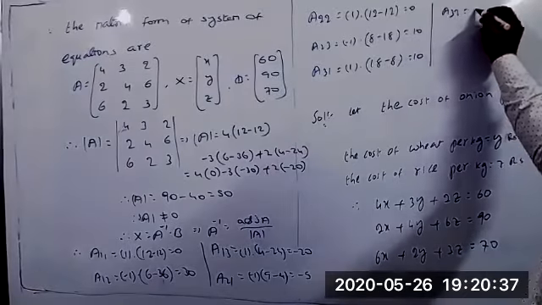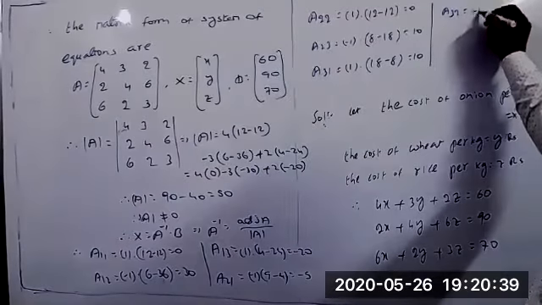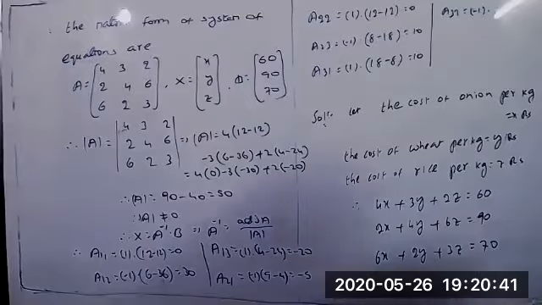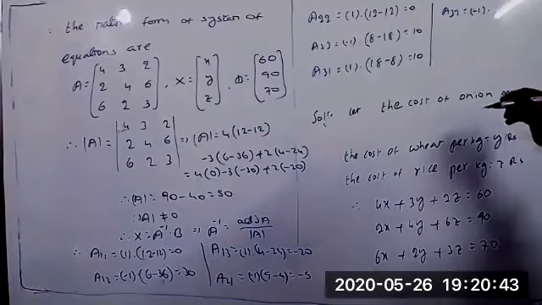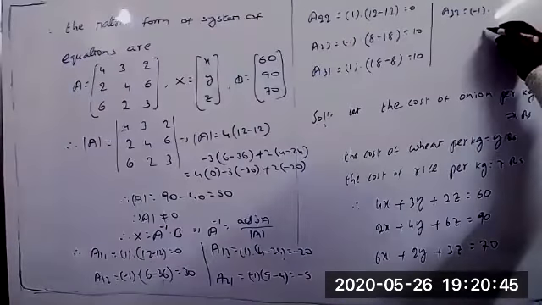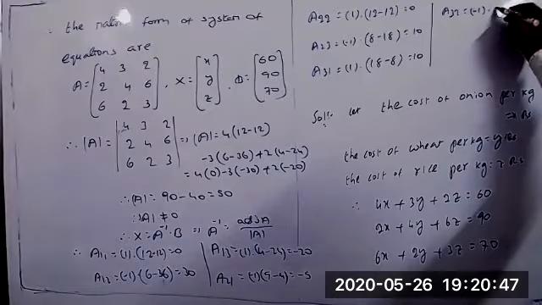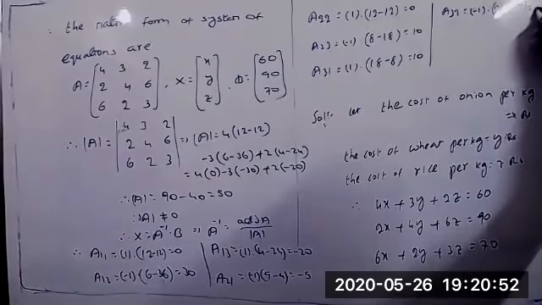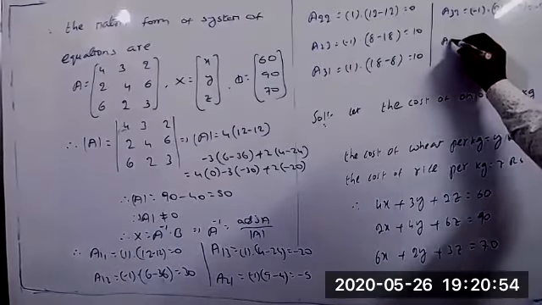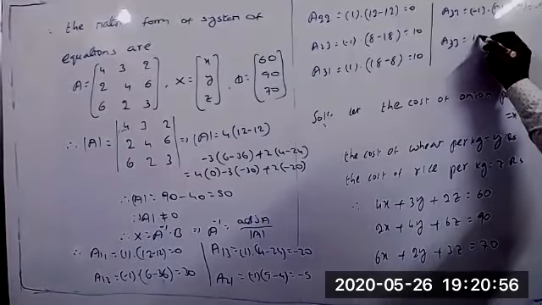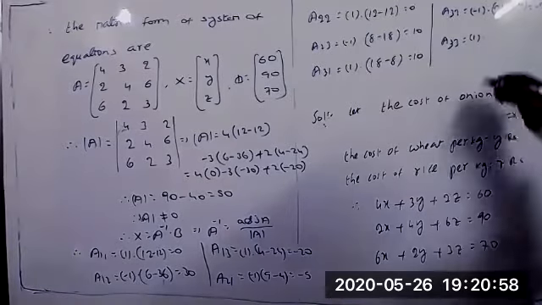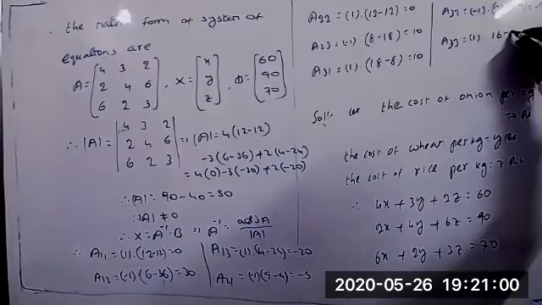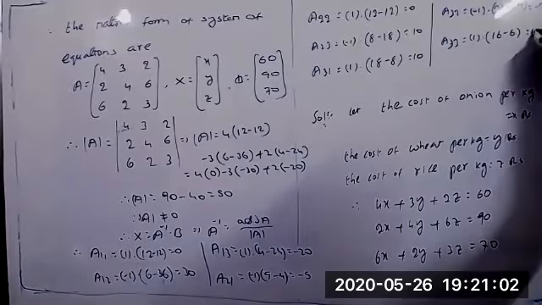A32 equals minus 1 into 24 minus 4, which equals minus 20. A33 equals plus 1 into 16 minus 6, which equals 10.